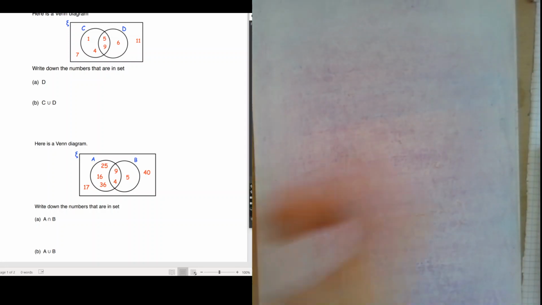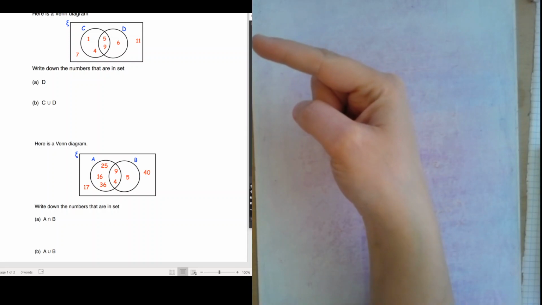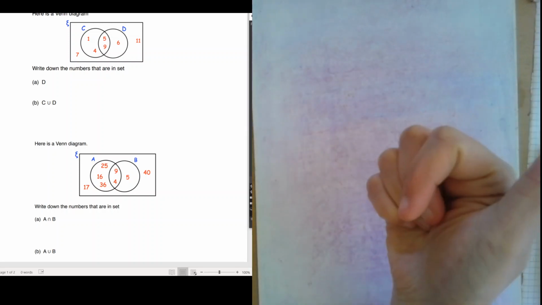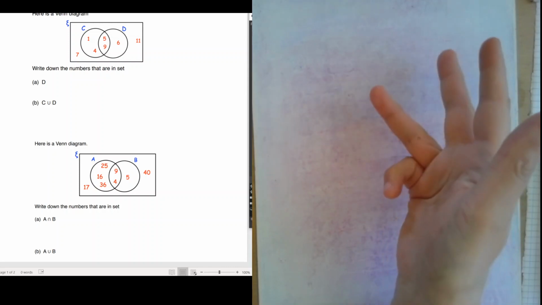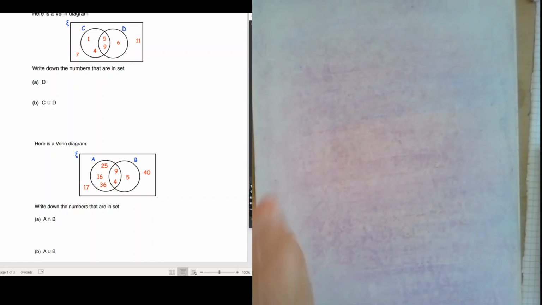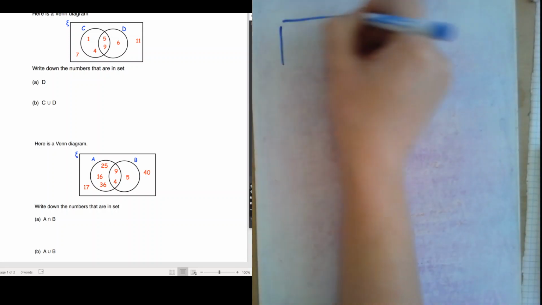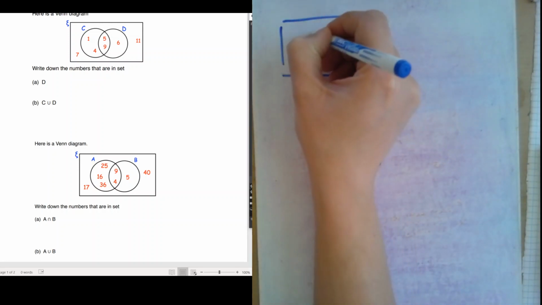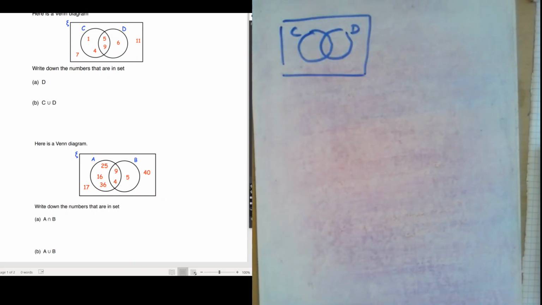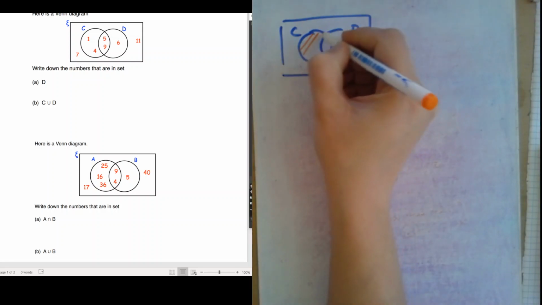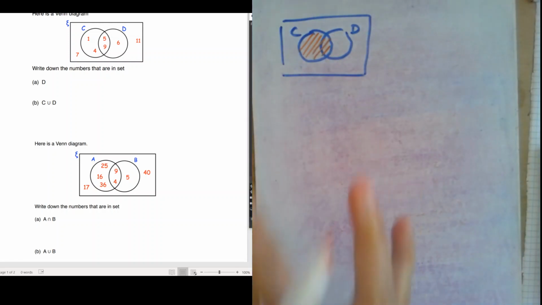Okay, so I'm going to use this as an example. So we'll note down C, we'll note down D, we'll note down C and D, and we'll also note down C or D, okay? So when I'm looking at just finding C, I will be saying, well, I want everything within this circle.